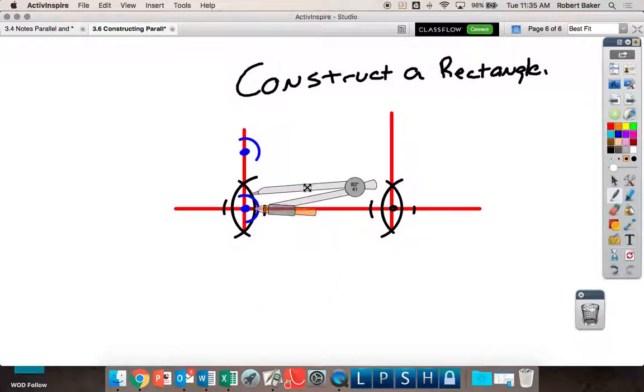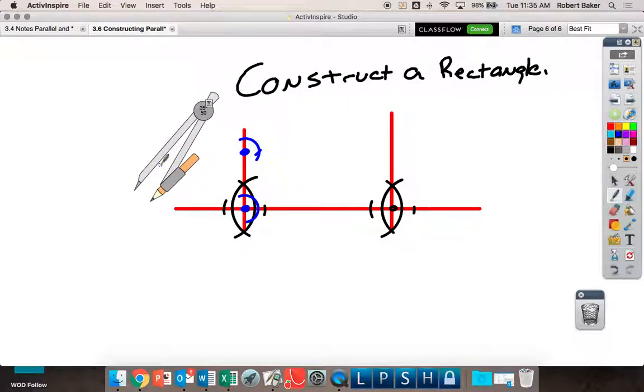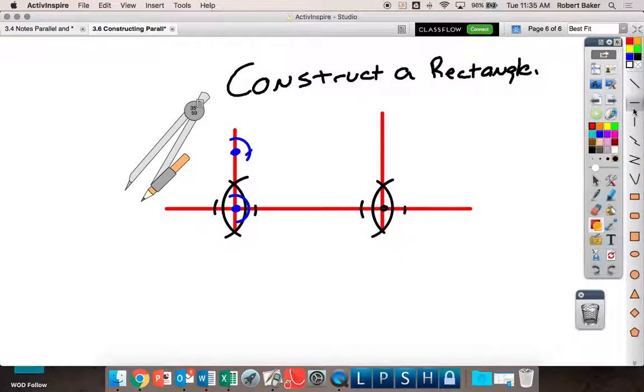Then just like my parallel constructions, measure how open this angle is. It is that open. Move up here to this intersection. Mark to verify. When I connect from this point to this intersection all the way to the other side, it is a perfect rectangle.